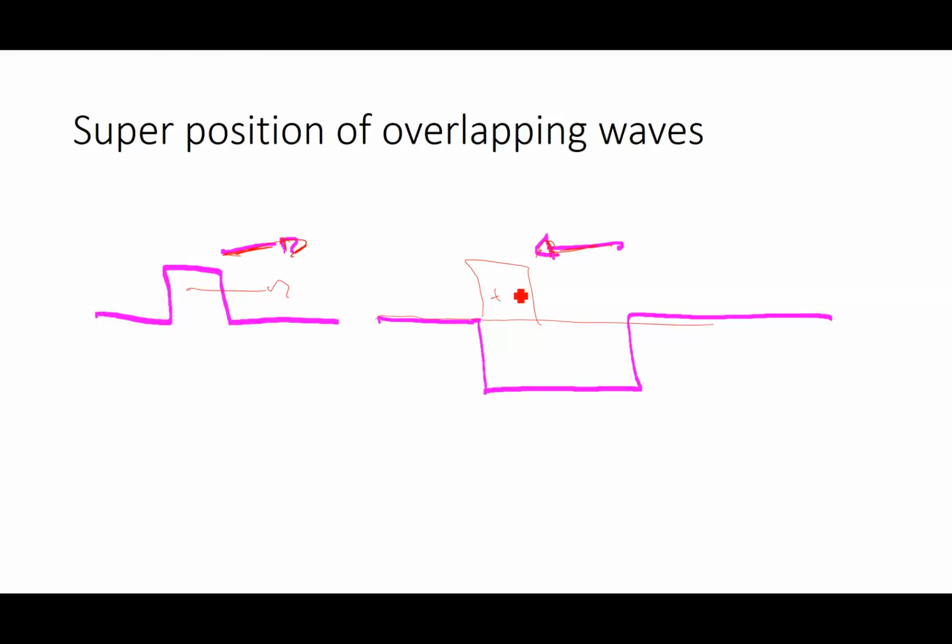So here I have a positive volume, and here I have a negative volume. These two are going to cancel each other out. So in the end, as these two waves move over past each other, the only thing that I have left is this negative volume as defined down here.